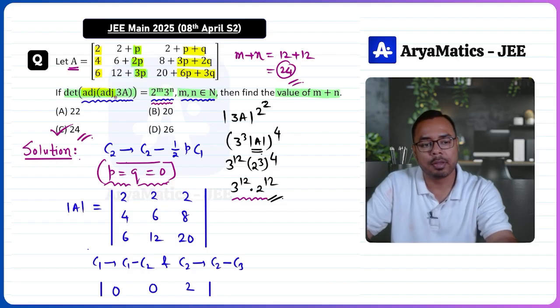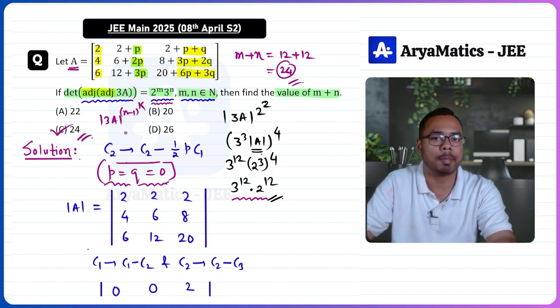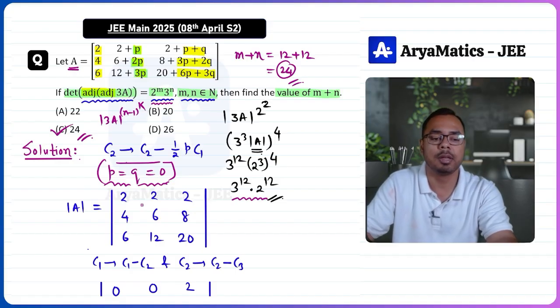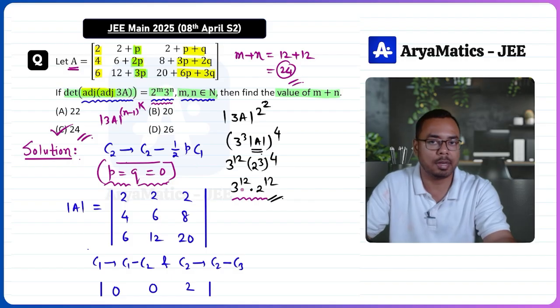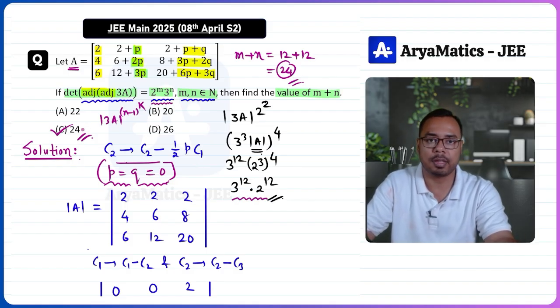The determinant of adjoint of 3A will be the determinant of 3A raised to n minus 1, and this raised to k, where n is the order of the matrix and k is the number of times we have adjoint. So from there finally we got 3 raised to 12, 2 raised to 12, m plus n will be 24, and therefore the correct answer for this problem is option C.